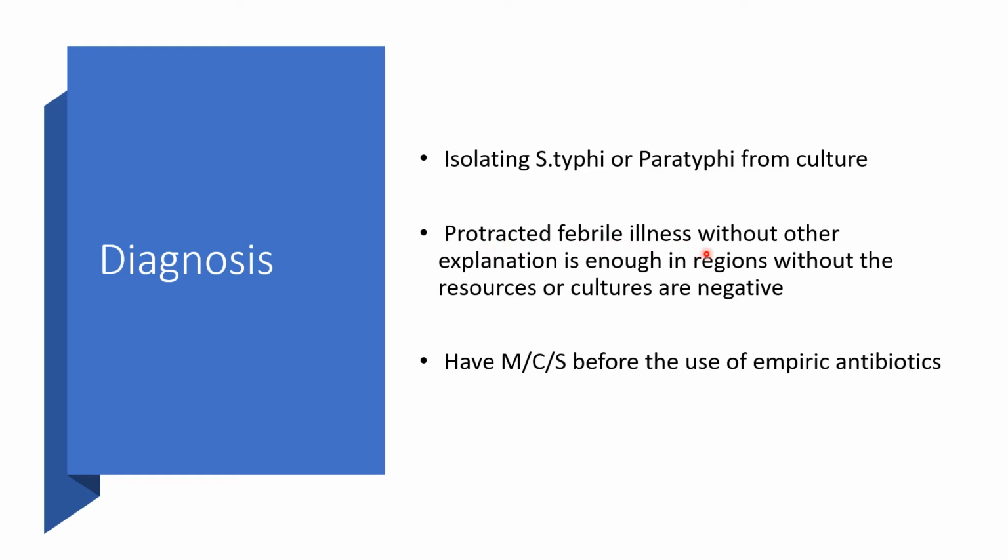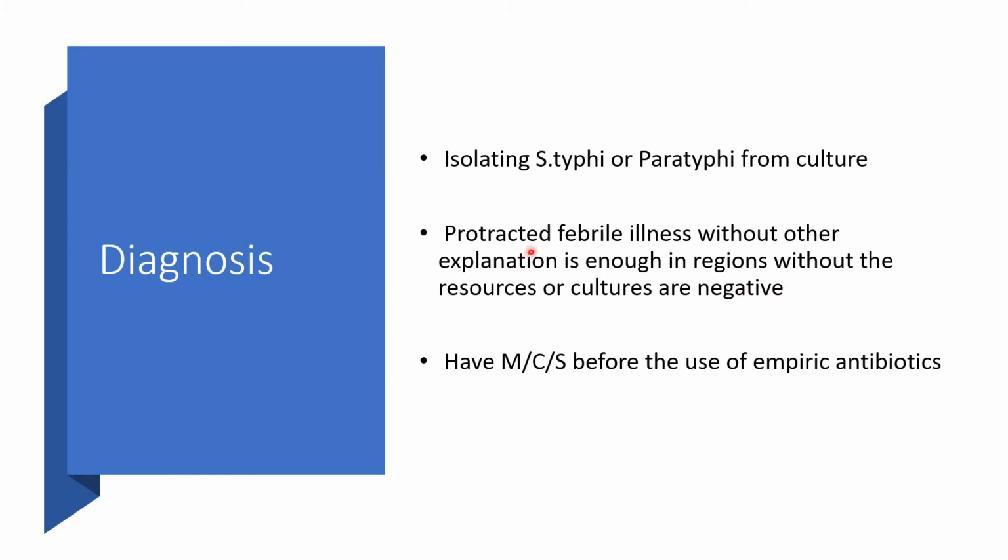Protracted febrile illness without other explanation is enough in regions without the resources, or where cultures are negative. Let me explain. Like I've just said about 2 minutes ago, if you are living in a region without the gadgets to do all the necessary investigations, and the person is presenting with clinical features suggestive of typhoid, that's enough for you to make the diagnosis, please, because typhoid can kill.